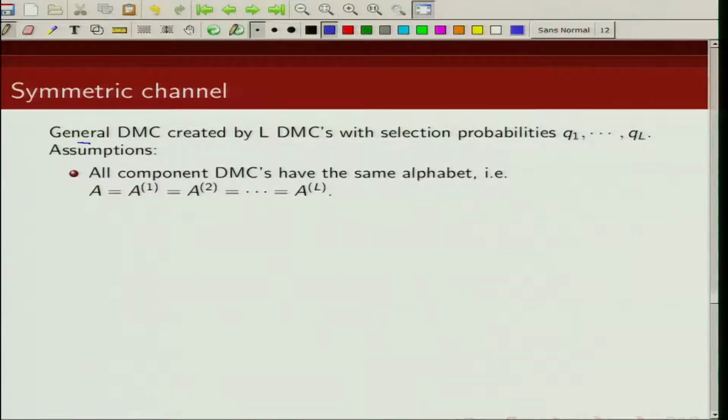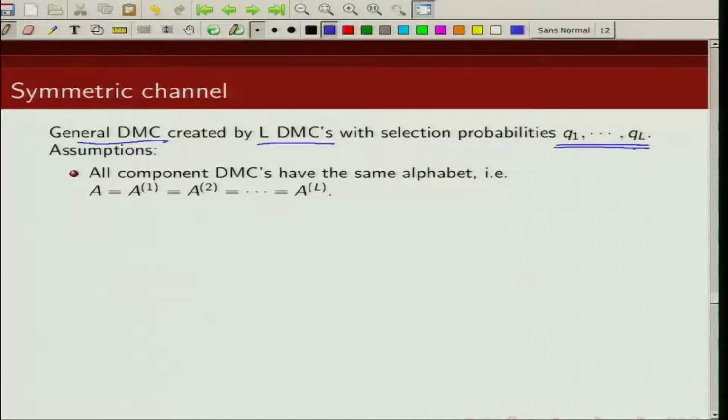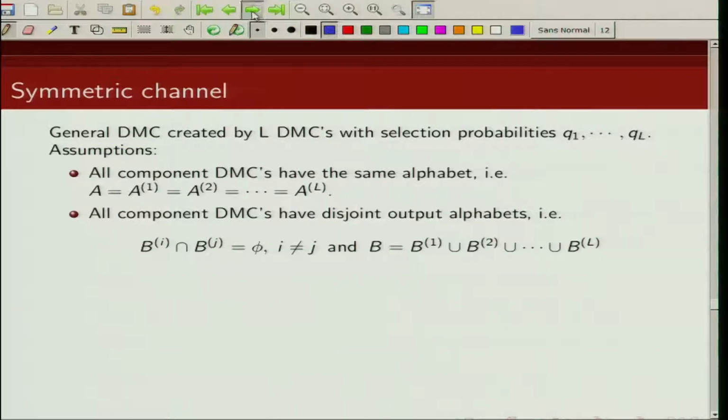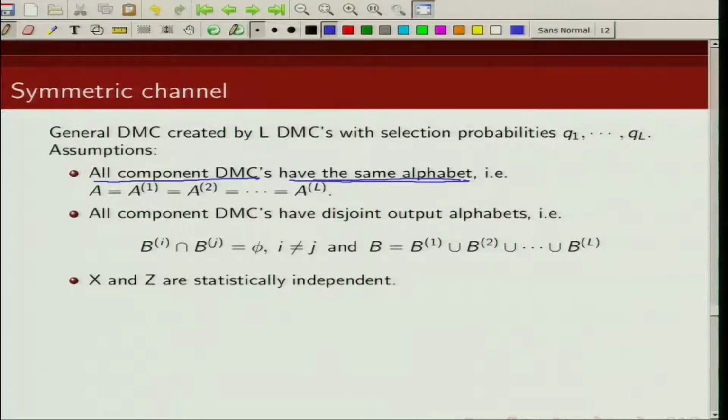So we are considering a general discrete memoryless channel which is created by these L discrete memoryless channels with selection probabilities given by Q1, Q2, Q3, up to QL. And we make the following assumptions. All of these L discrete memoryless channels take the same input alphabet. So the input alphabet for channel 1, channel 2, channel 3, up to channel L, is the same.